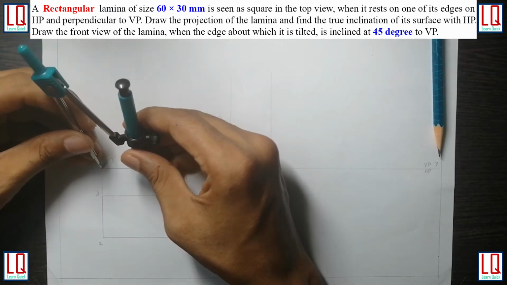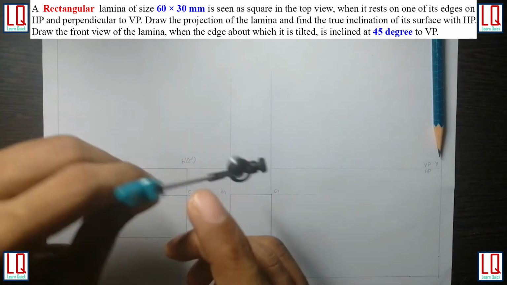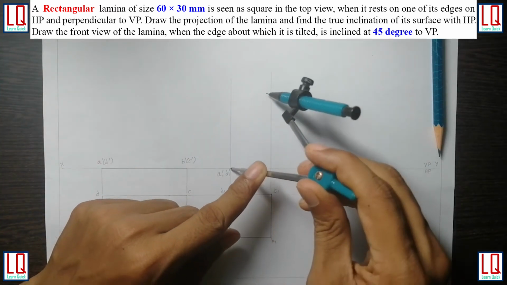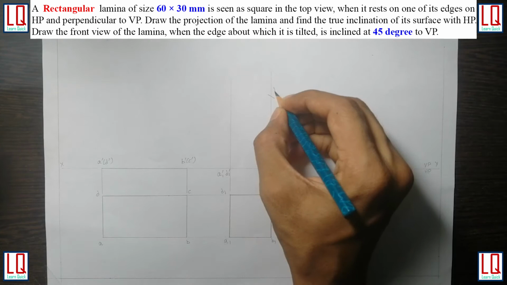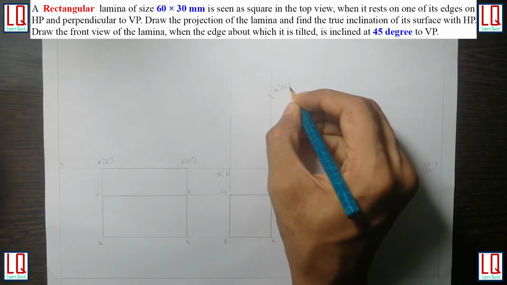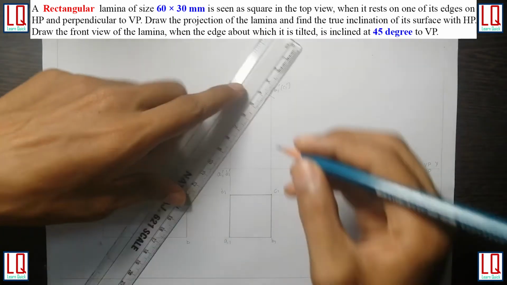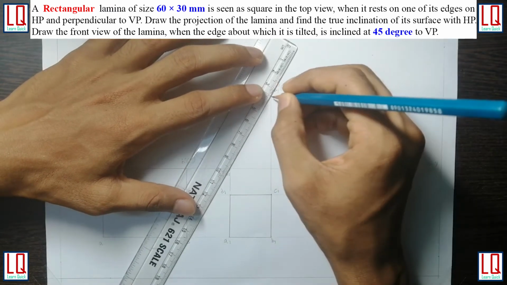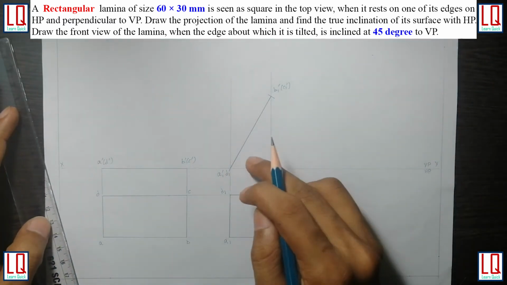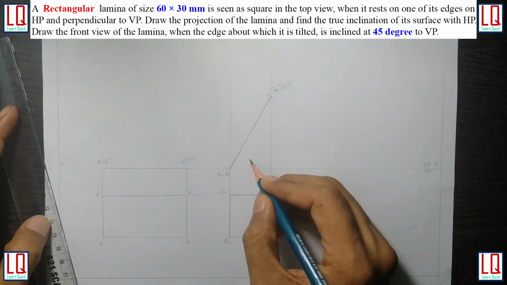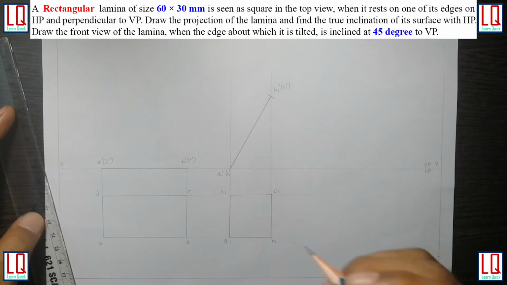Now I measure A dash D dash and B dash C dash in my step 2, and then I transfer the length of the line to my step 3 to find B1 dash, C1 dash. Now I draw the front view of the rectangular plane which is inclined to HP. In the end, I can measure this unknown angle to find the true inclination of the surface with HP.